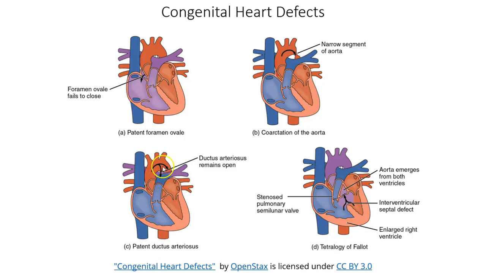So instead of that blood going out to the body, it's going to come back into the pulmonary trunk to get sent to the lungs. And so having that extra fluid in the lungs is going to increase the pressure around the lungs and actually makes it hard to breathe. And so there are some different surgical treatments for this, but if it's left untreated, it can cause congestive heart failure. So that's really not great.